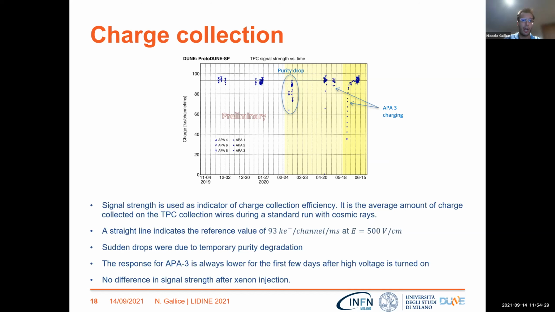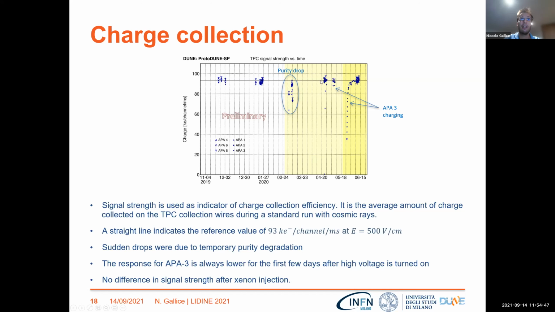At the end, we need to check that the xenon injection does not affect the charge collection. Thus, the signal strength is used as an indicator of the charge collection efficiency. It is the average amount of charge collected on the TPC collection wires during a standard run with cosmic rays.